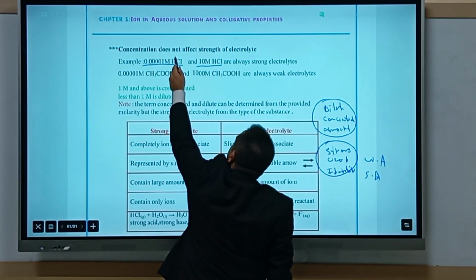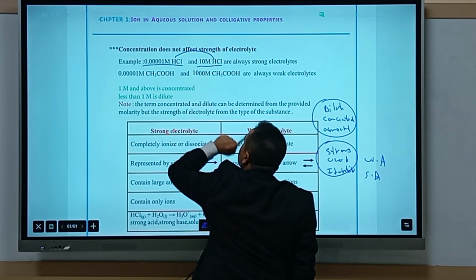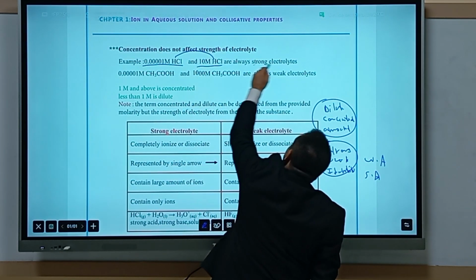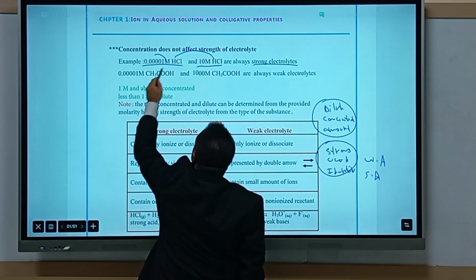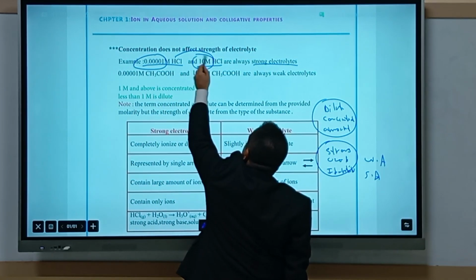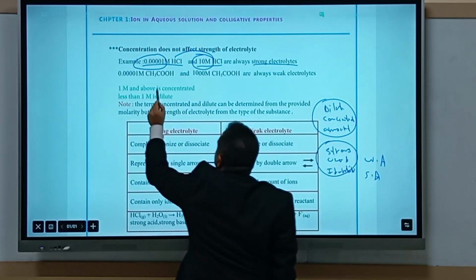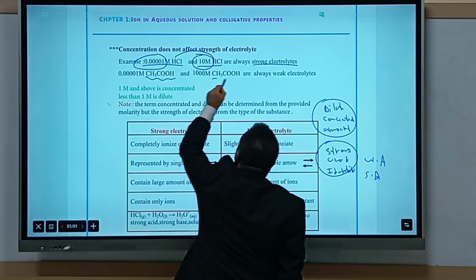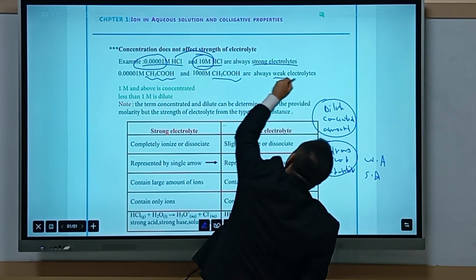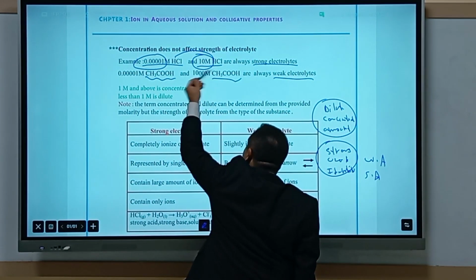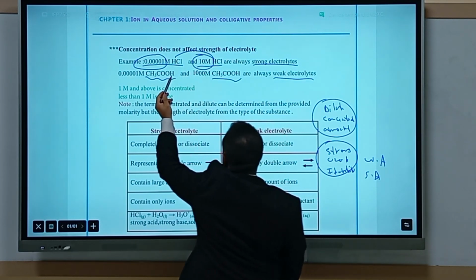So in this case, both HCl are strong electrolytes, but this one is dilute, this one is concentrated. For acetic acid, guys, in both cases it is a weak electrolyte, even if it's highly concentrated here.